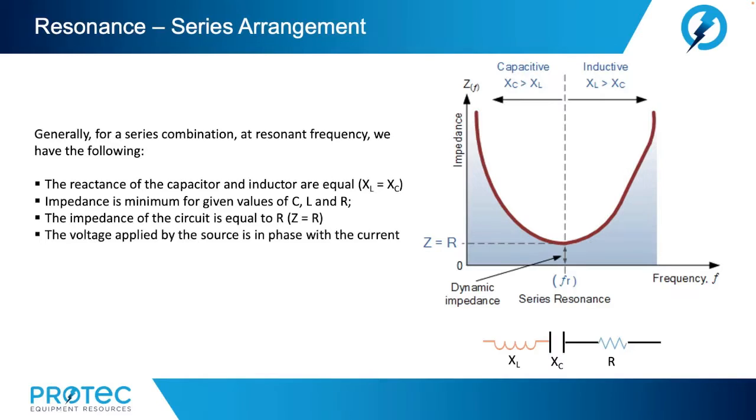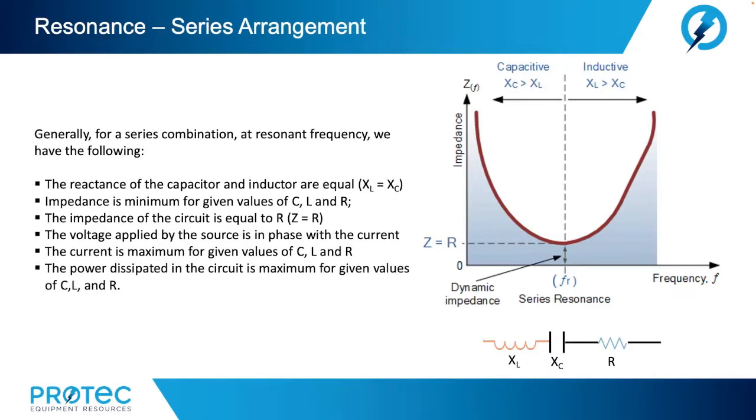The voltage applied by the source is in phase with the current. The current is maximum for given values of capacitance, inductance, and resistance. The power dissipated in the circuit is maximum for given values of capacitance, inductance, and resistance.